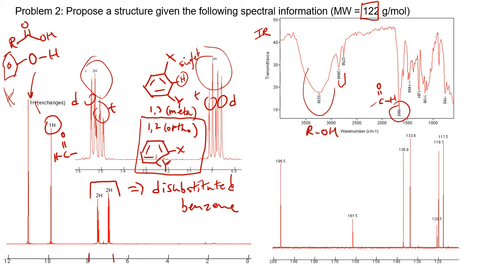All right, the last thing to look at is the carbon-13 NMR spectrum. Let's count the total number of peaks that we have. Looks like we have 1, 2, 3, 4, 5, 6, 7. So we have 7 peaks. Well, let's think about our potential structure here. We know that we have an aldehyde.